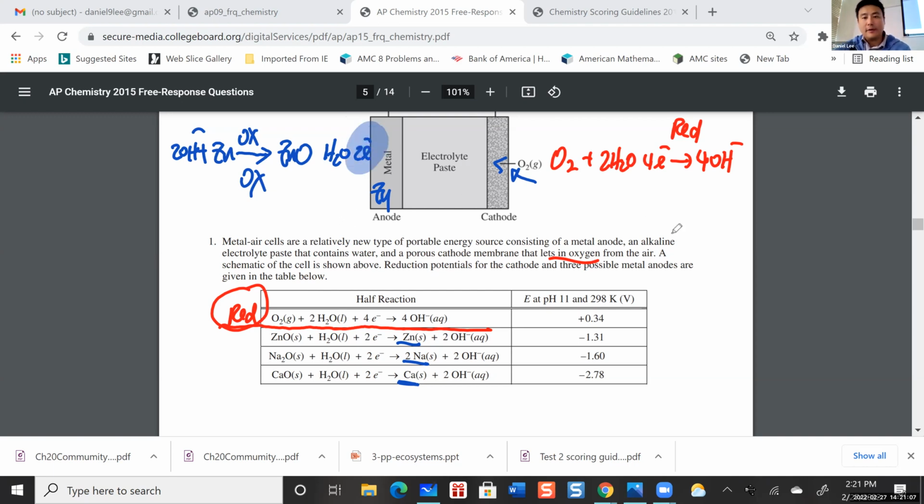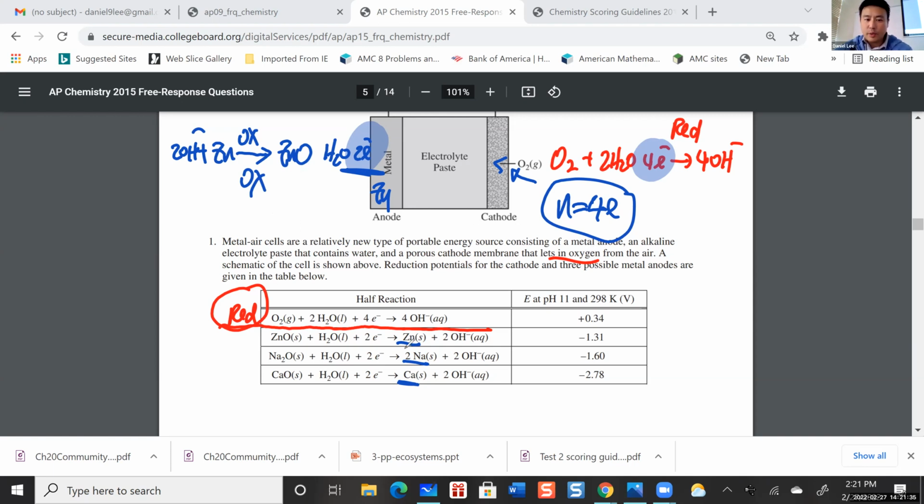I have 2 from oxidation. I have 4 from the reduction. So the number of electrons transferred between 2 and 4 is 4. So n is equal to 4. 4 moles of electrons are transferred if I use zinc metal as the anode and oxygen as the cathode. 2 electrons produced by zinc, 4 electrons used to reduce oxygen, n is equal to 4. Does that make sense? Yeah, okay.